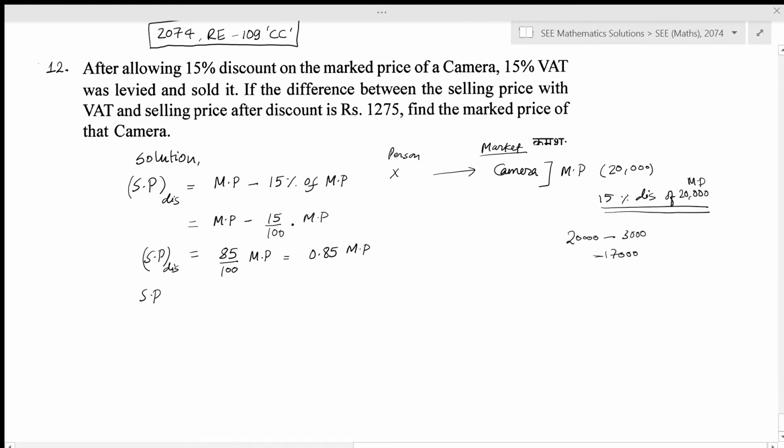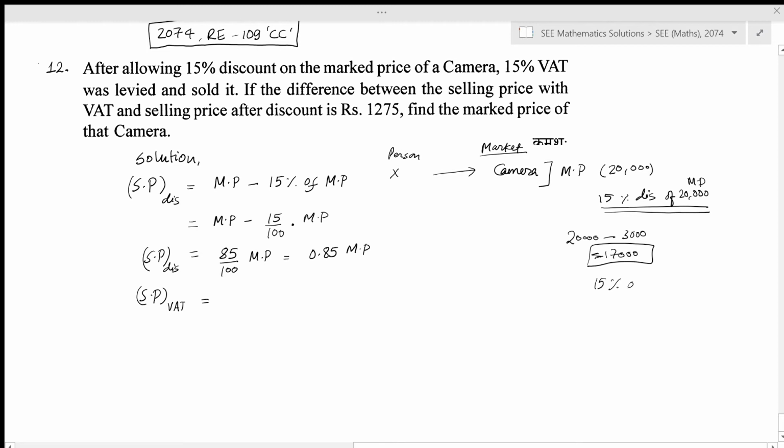For this example, 17,000 is the selling price, and 15% VAT should be added, and that VAT goes to the government. The shopkeeper doesn't want to pay the VAT from his pocket, so he asks the customer to pay it. He says, all right, I'm going to give you the 15% discount, but you have to pay the 15% VAT.